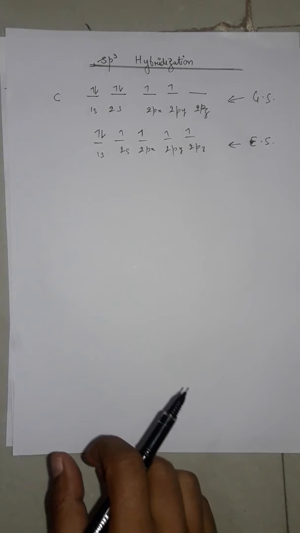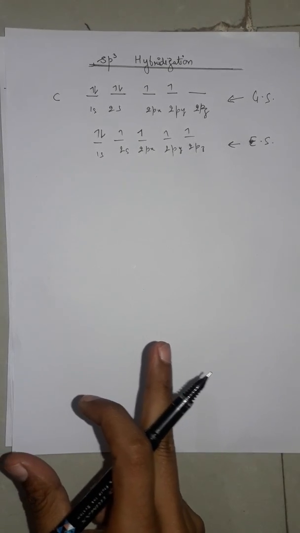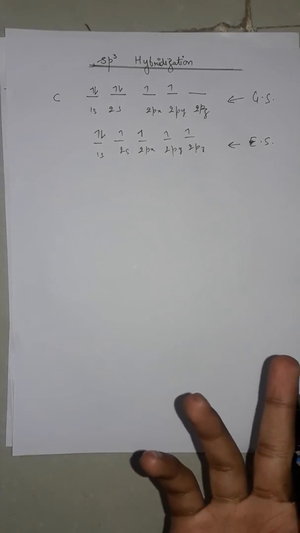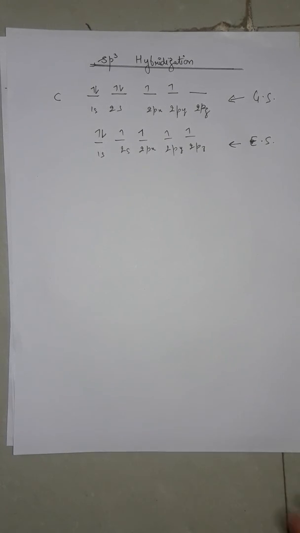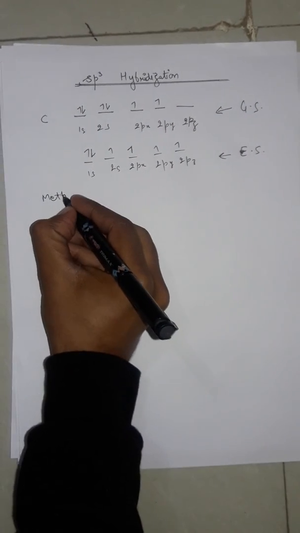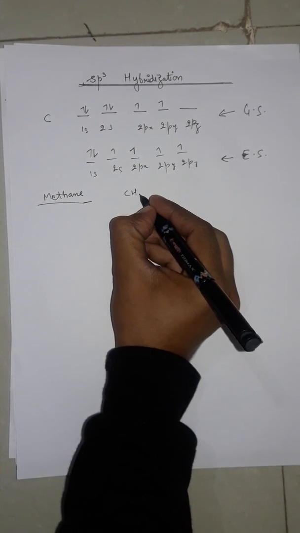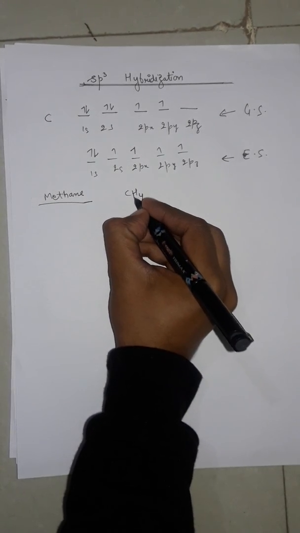Now we will study sp3 hybridization with an example of, let's suppose, methane. So we will study methane first. Methane has the formula CH4.